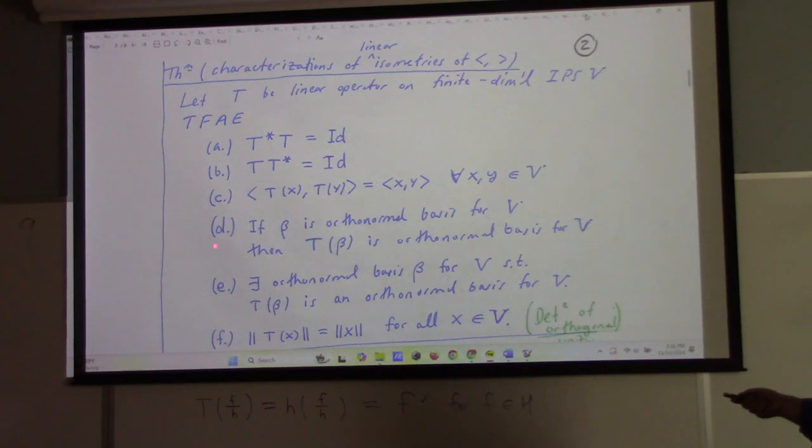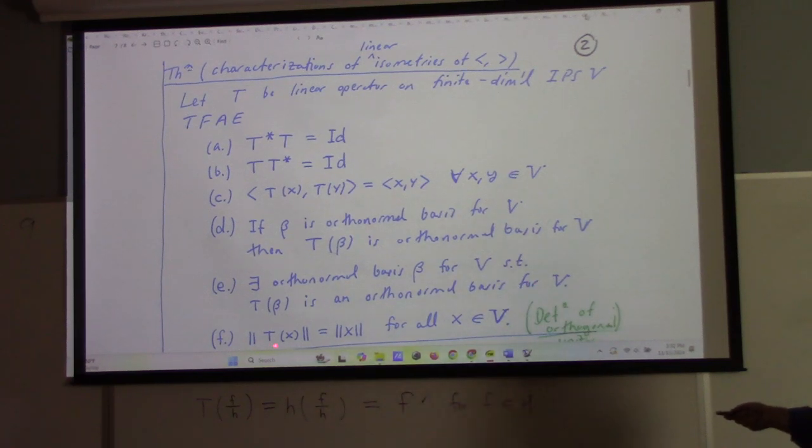D and E kind of look the same, but they're different if you study them. If beta is orthonormal, then the image under T is also an orthonormal basis for V. On the other hand, there exists an orthonormal basis beta for V such that T of beta is an orthonormal basis for V. And then F, which was our definition of linear isometry, right? That the length is preserved. These are equivalent.